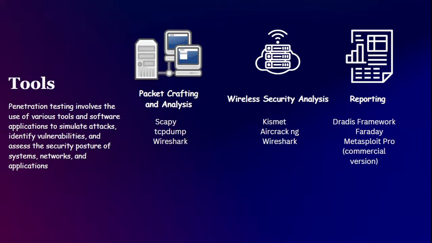So Wireshark, Nmap, Metasploitable, and Burp Suite are common tools which are very useful, and you should have some hands-on experience on these tools, which is very helpful for you in case you are going for the cyber security domain.